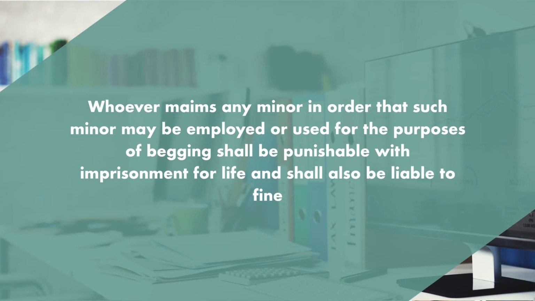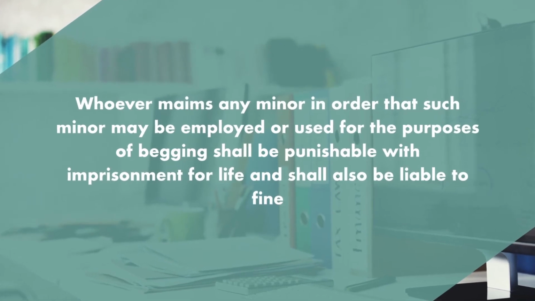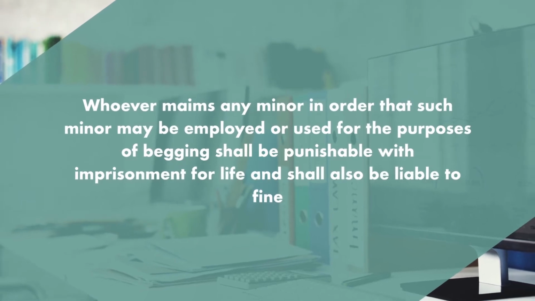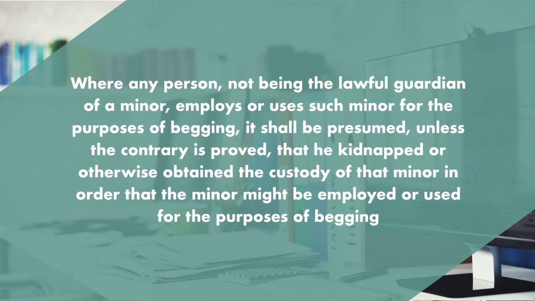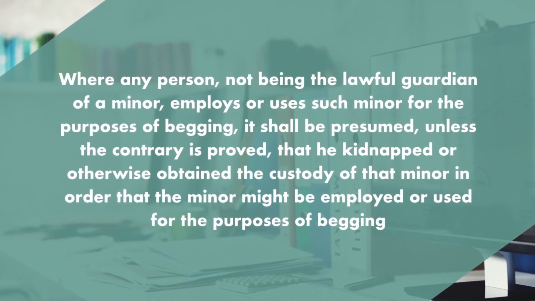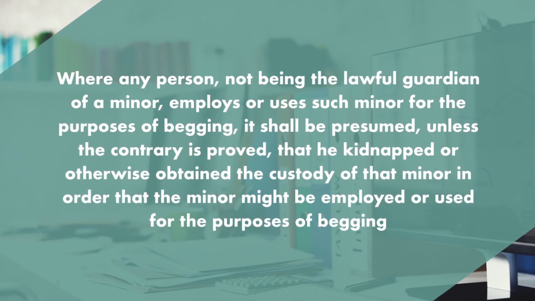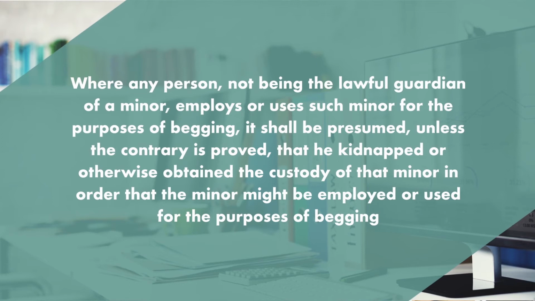Whoever maims any minor in order that such minor may be employed or used for the purposes of begging shall be punishable with imprisonment for life, and shall also be liable to fine. Whereas any person not being the lawful guardian of a minor employs or uses such minor for the purpose of begging, it shall be presumed, unless the contrary is proved, that he kidnapped or otherwise obtained the custody of that minor in order that the minor might be employed or used for the purposes of begging.